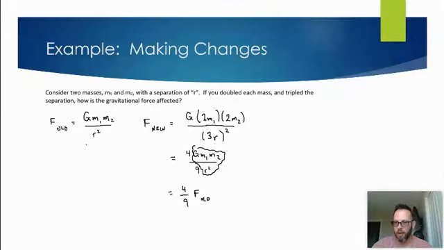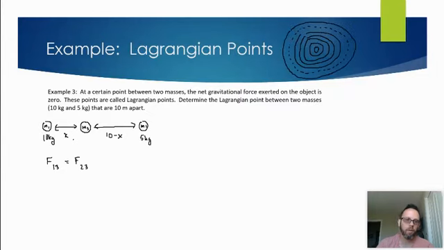So we understand that two masses will attract due to gravity. This formula takes care of the magnitude of that force. So right here, we're setting the magnitudes equal because we know that mass 3 will be pulled towards mass 1 and towards mass 2. Mass 2 is going to attract it towards it. And we want to find that distance so that these two magnitudes will be equal and things will be perfectly balanced.